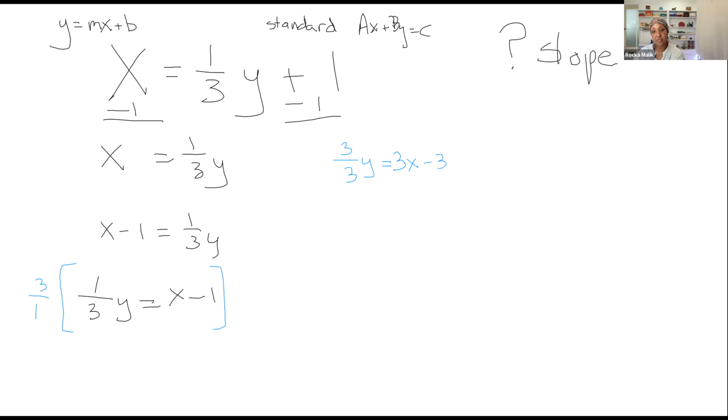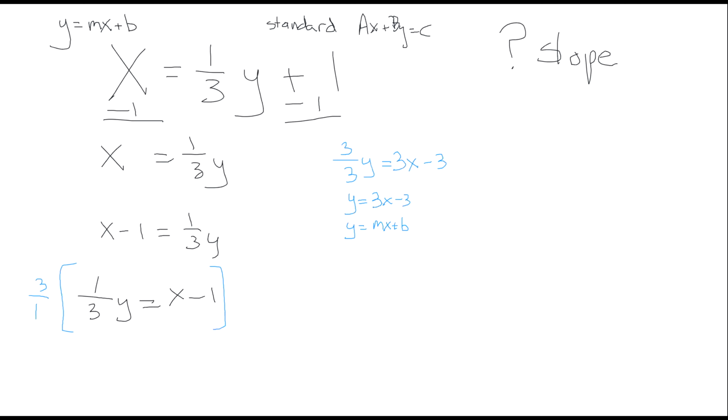I have y equals 3x minus 3. And this is now my slope-intercept format. So what 2 things can I tell from this format? The slope-intercept format. They're really not creative when it comes to naming these things.